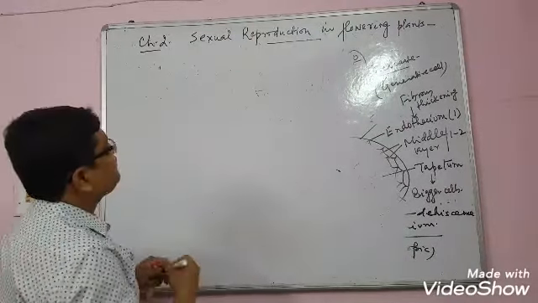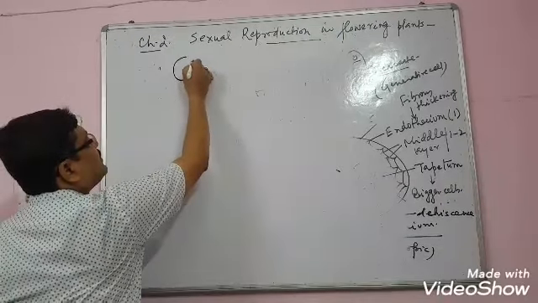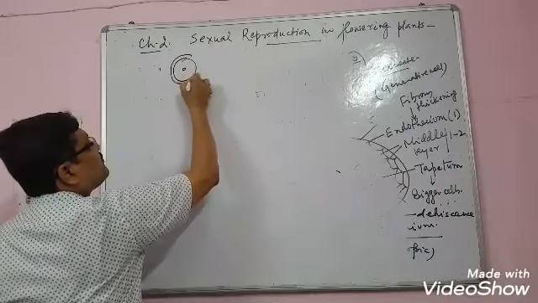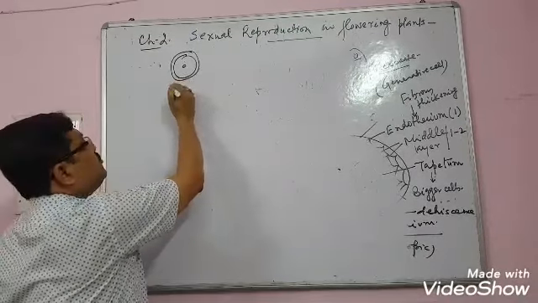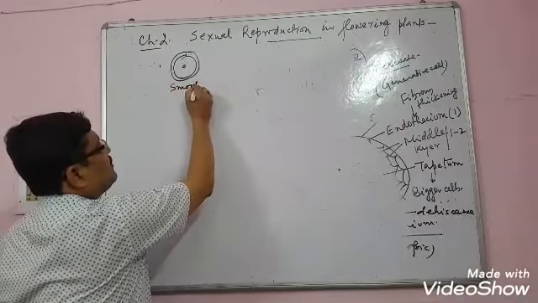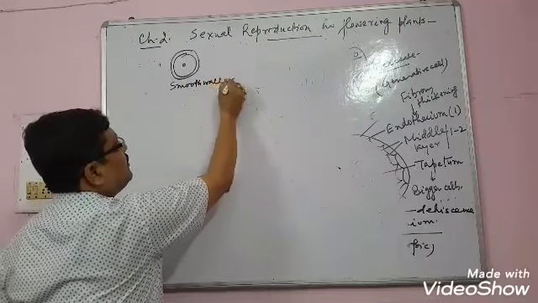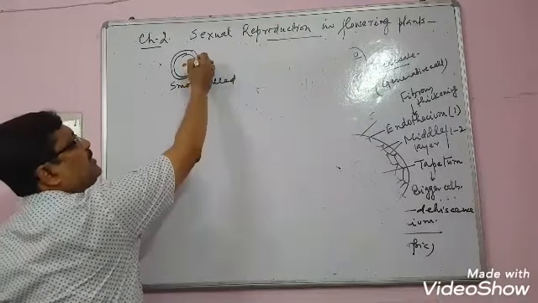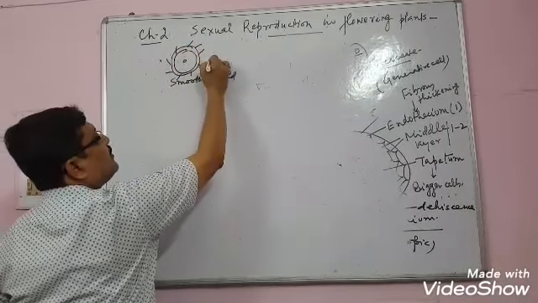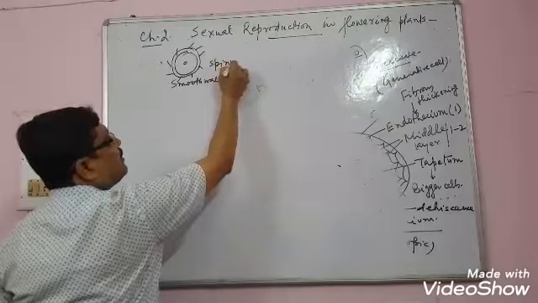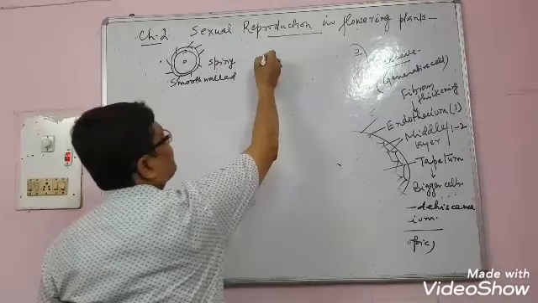Dear students, this is a picture of a pollen grain. It may be smooth walled, maybe spiny like this, and maybe like this.